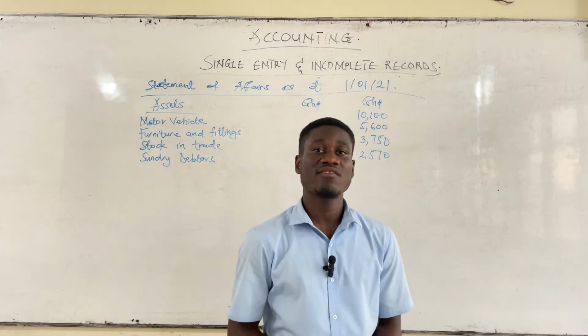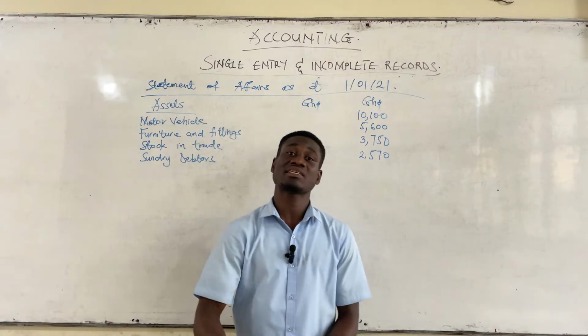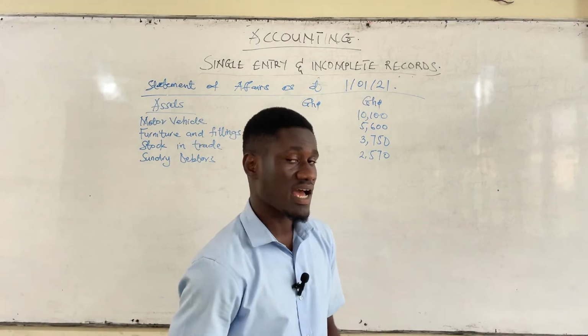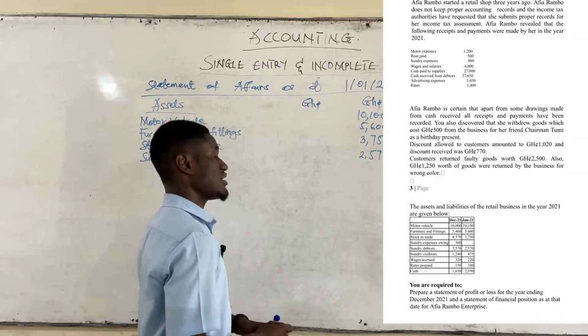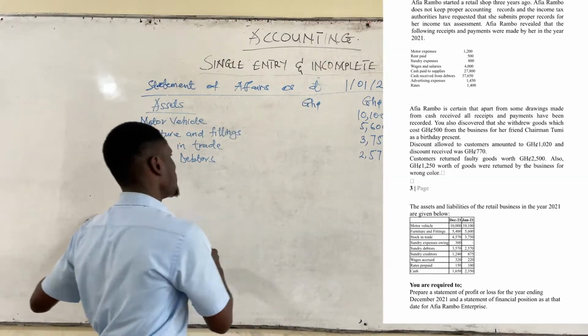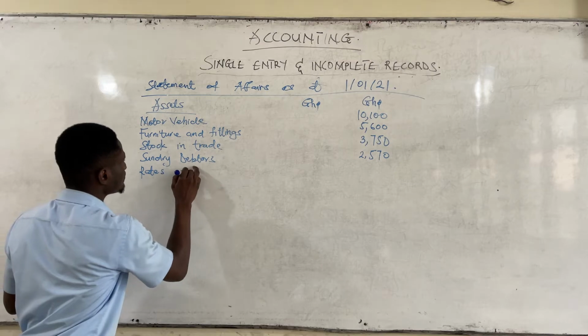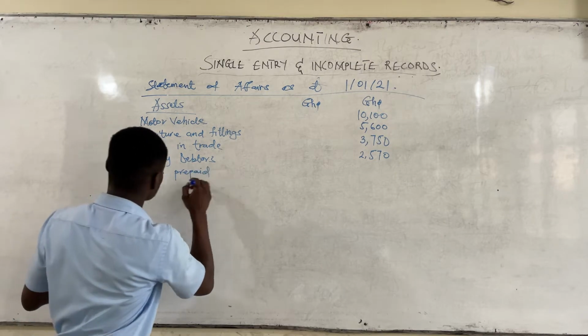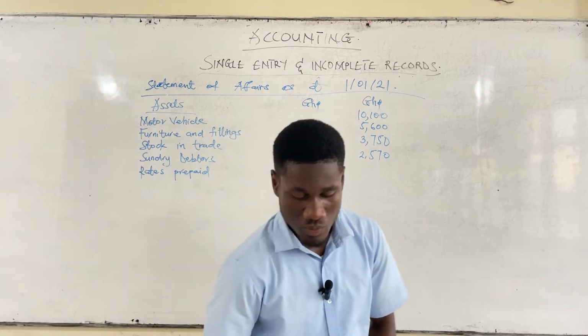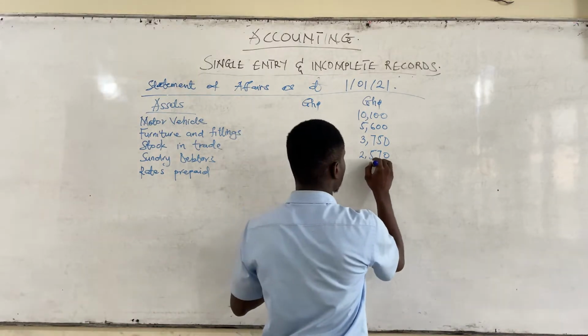Good. Then we have our rates prepaid. We know that expenses prepaid is an asset, current asset, so it falls under the assets. So rates prepaid. So we have 100 for rates prepaid.